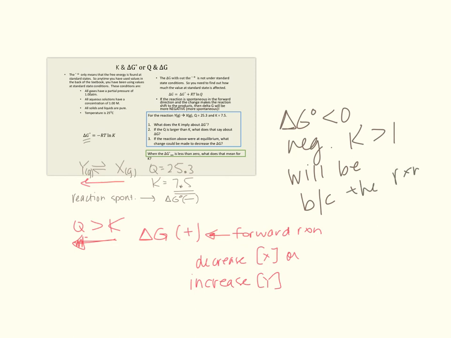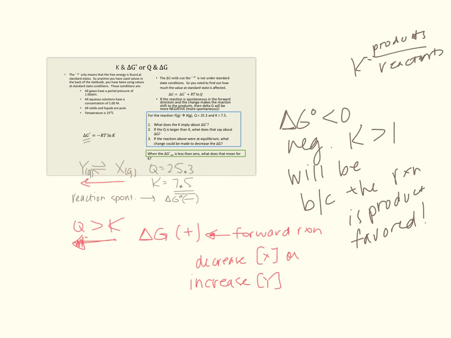The reaction is product favored. And K is always the products over reactants. So if it's product favored and you're making lots of product, then this is really big and that is really small, and so you're always going to get a K greater than 1.